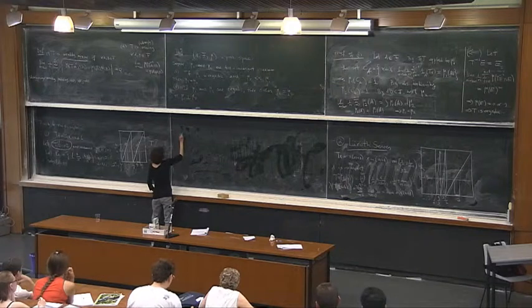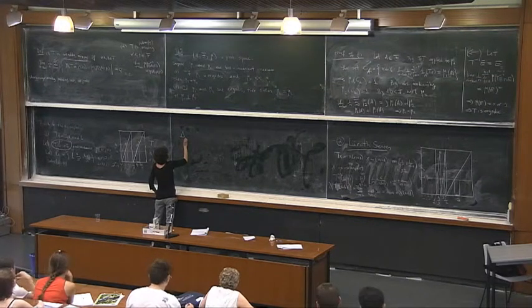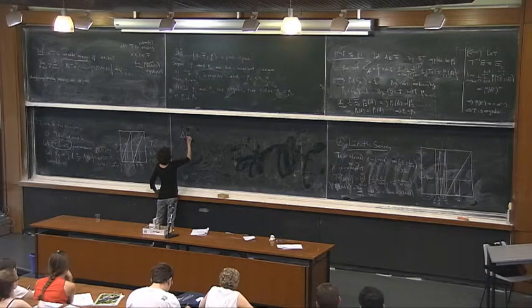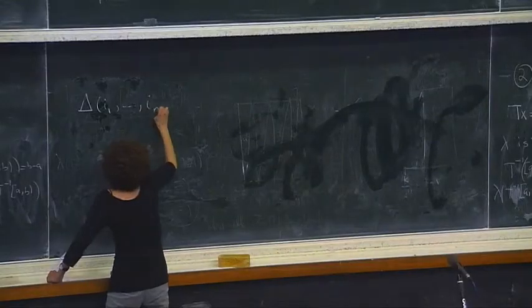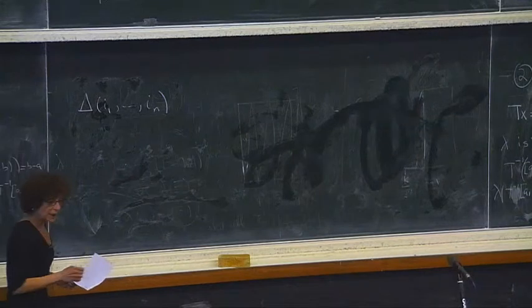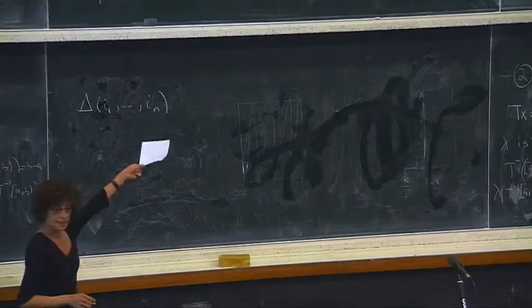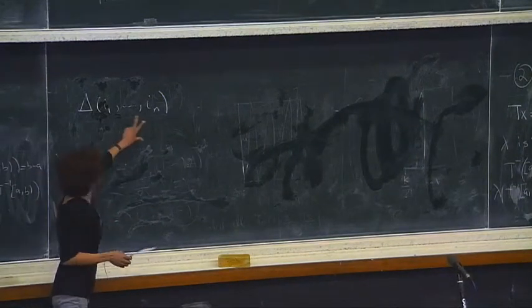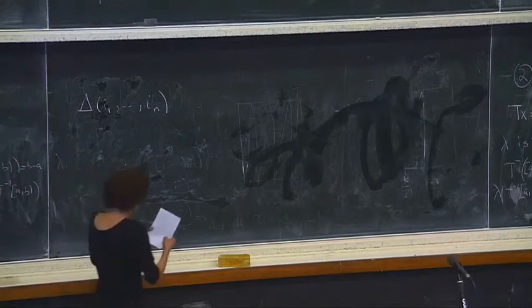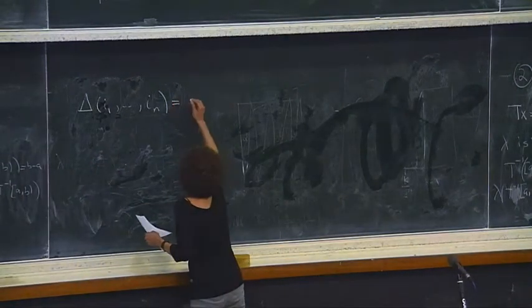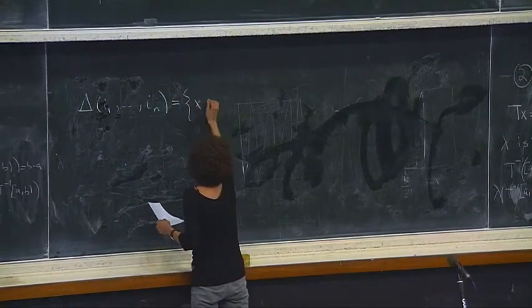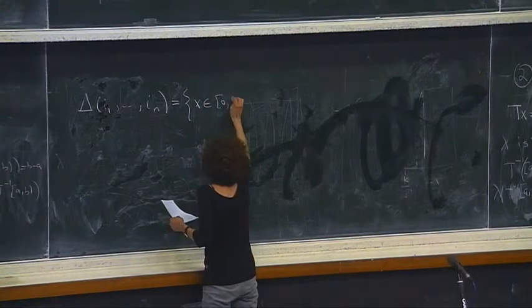So I look at fundamental intervals delta (I1, up to, maybe I'll put a bracket here). So here I'm looking at all points whose Luroth series expansion starts with these digits, which means I'm looking at all points x in the interval.